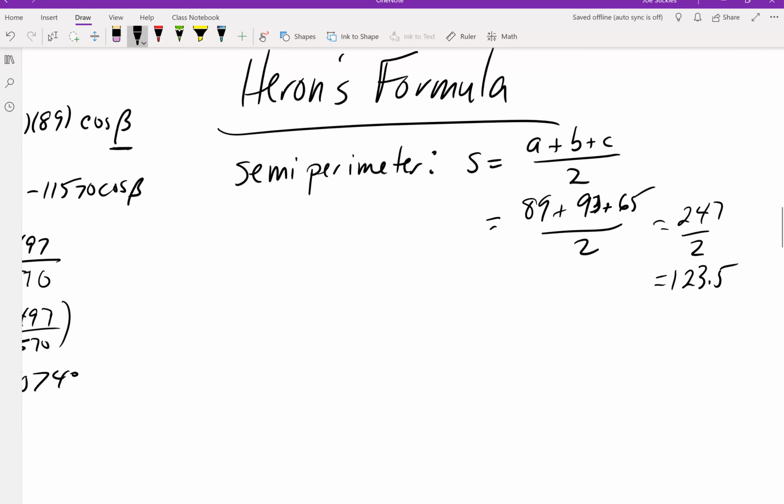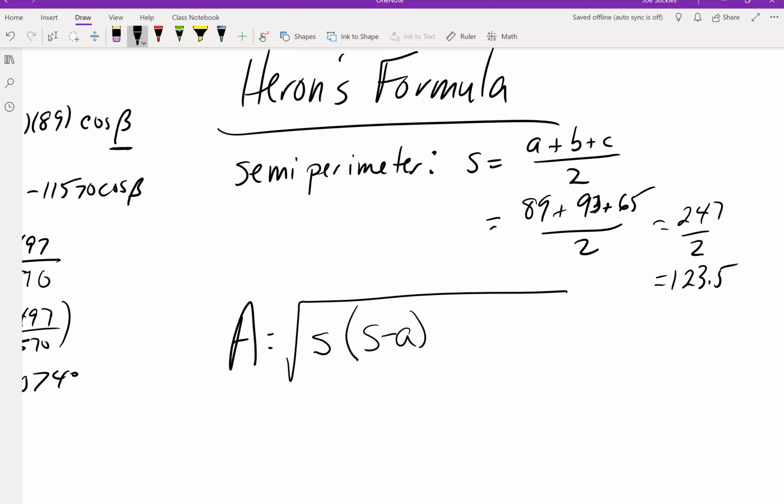All right, so Heron's formula says that for the area, I don't even need to calculate an angle. I can take the square root of the semi-perimeter times the difference of the semi-perimeter and each of the three sides. So it's semi-perimeter times semi-perimeter minus A times semi-perimeter minus B times semi-perimeter minus C. Lots of letters there.